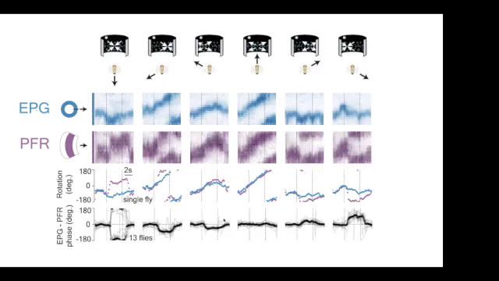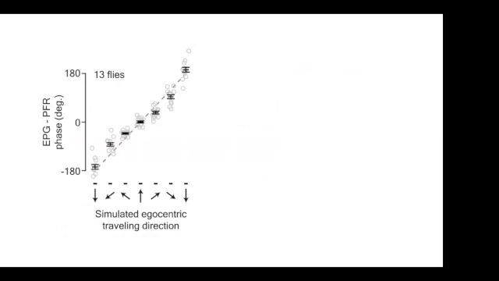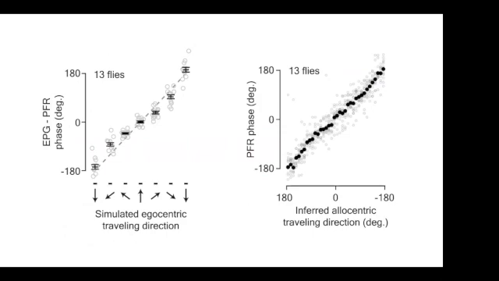And doing all the angles, they found a very systematic relationship between the separation of these bumps and the drift that they were simulating, which, rather than going through every panel here, let me just summarize by saying that the difference between the compass bump and this new PFR bump very accurately tracks the drift angle. Now, if you accept that the EPG angle is the heading direction, and you sort of undo this, what you find is this PFR is a traveling direction bump in the world coordinates.